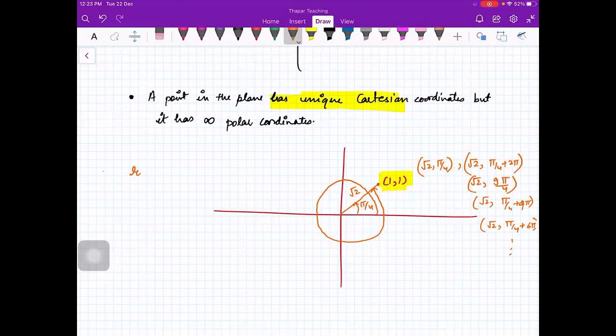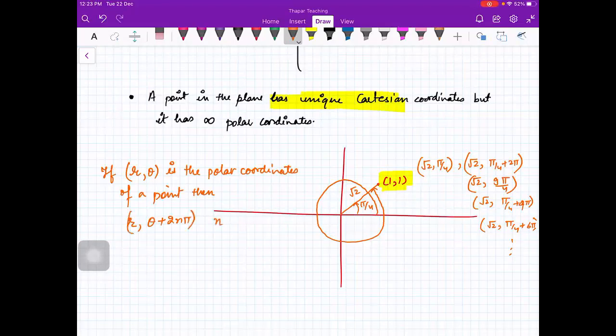If (r, theta) is the polar coordinates of a point, then (r, theta plus 2n pi), where n is an integer, is also the polar coordinates for the same point. First of all, we have just taken positive, but I will tell you it is true for negative also.